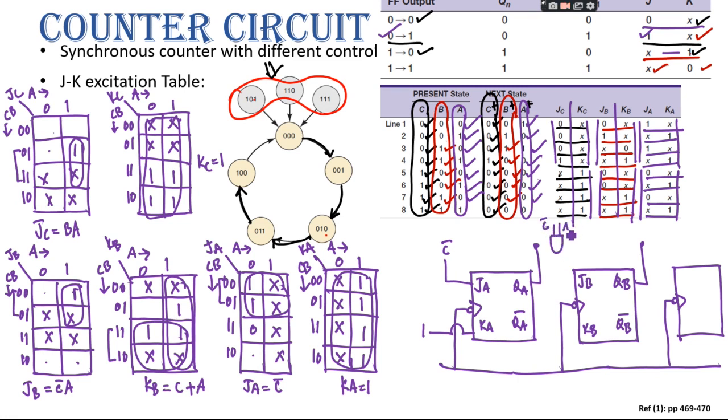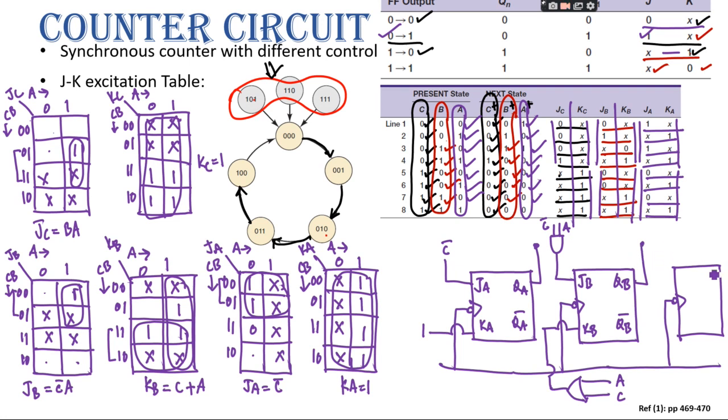Here it should be C bar and A. It should go as JB, right? Yes, sir. And for KB, C plus A. It should be an OR gate, right? Yes, sir. And here it should be C and A, right? Yes, sir. Okay.